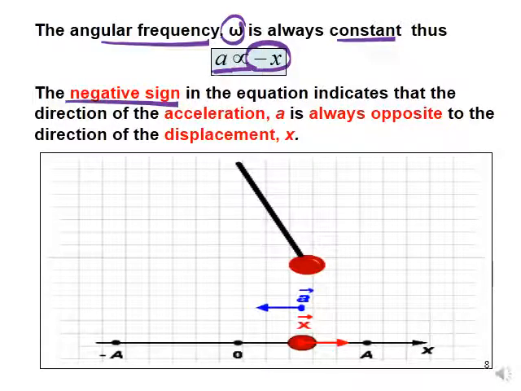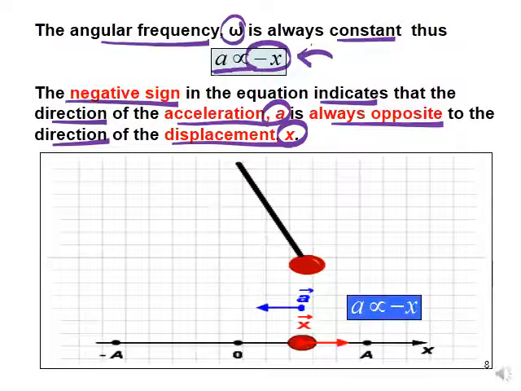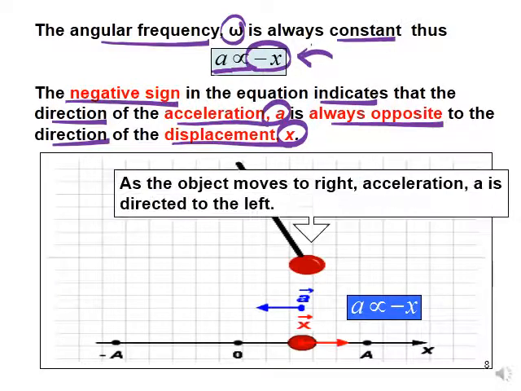Negative sign in this equation indicates that the direction of the acceleration a is always opposite to the direction of the displacement x. The diagram below shows that a simple pendulum moves to the right.